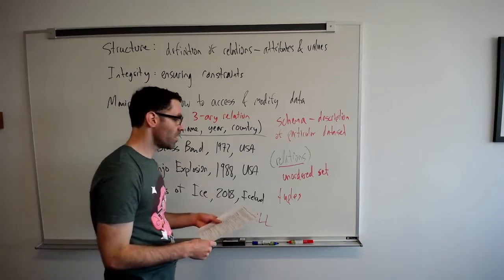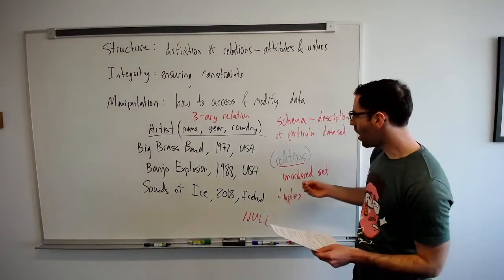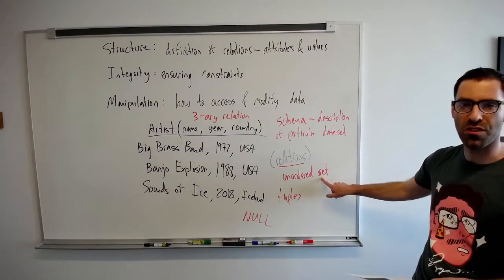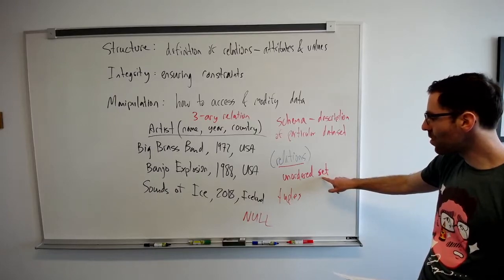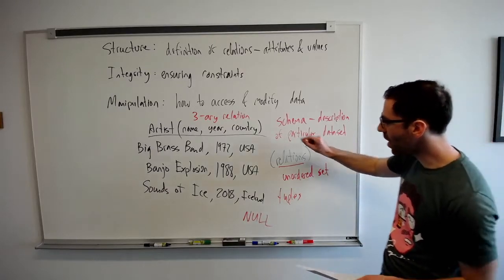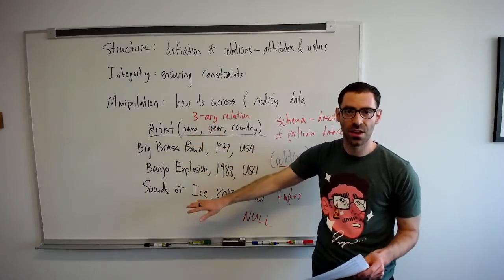So in the relational model, I said that the relations were unordered sets, and this is important because a relation as a set means that it cannot have any duplicates.